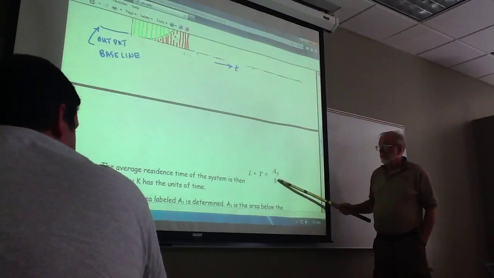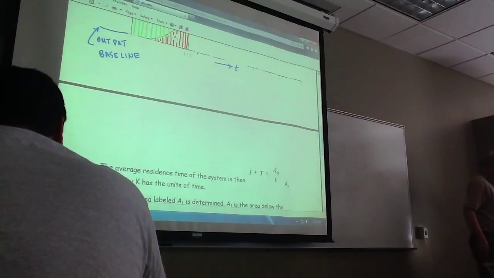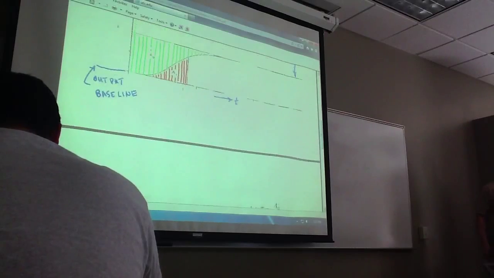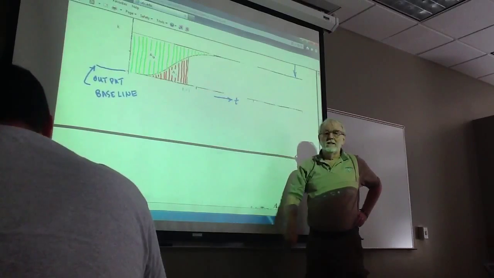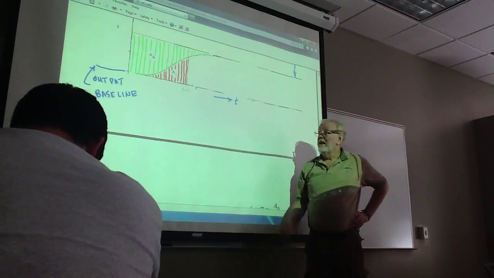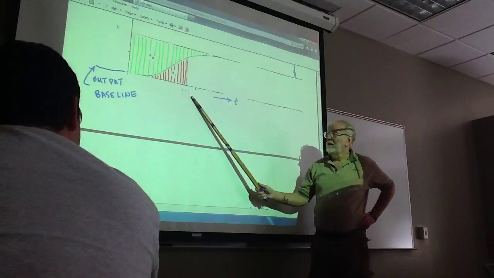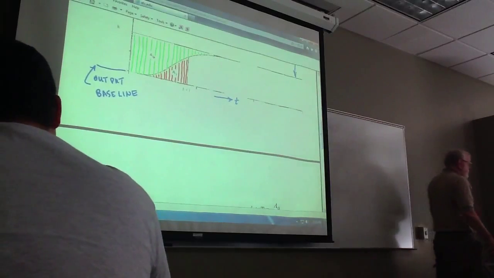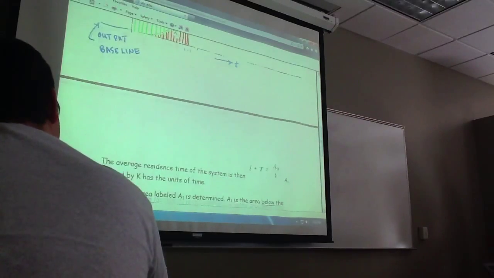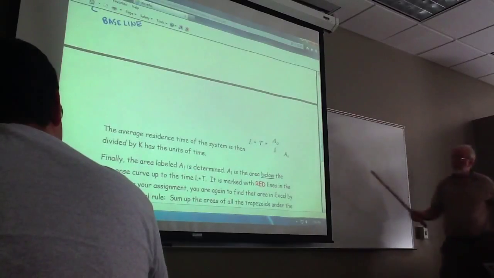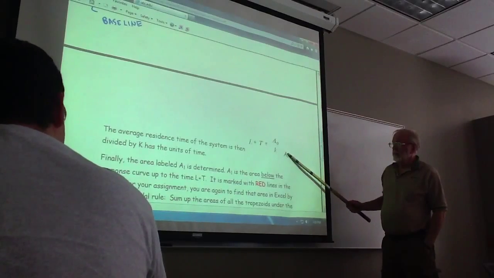T is equal to A0 divided by K. K was the height of the difference here. So A0 divided by K gives you the sum of L plus T. You with me, Ashley? A0 over K has the units of time.